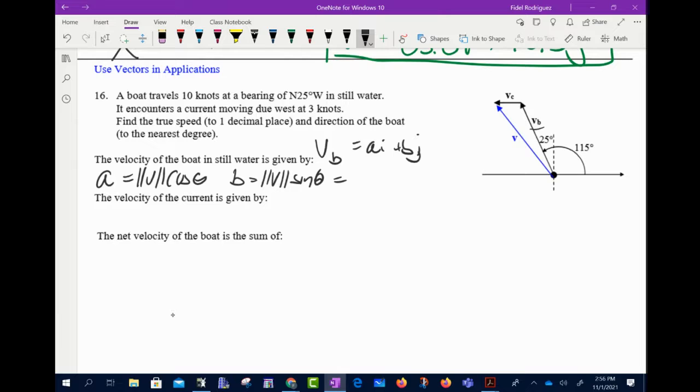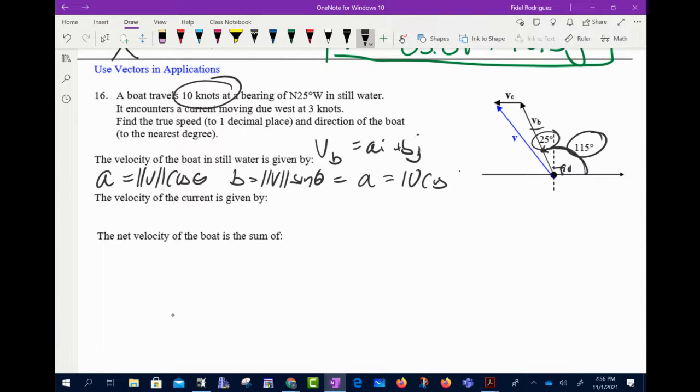Okay, so let's find the a part first. We already know the velocity of the vector, in this case the speed, is 10 knots. So we take 10 times the cosine of, remember, the angle is always the angle formed with the positive x-axis. We already know this here is 25 degrees, and that's 90 degrees, so isn't the whole angle 115?